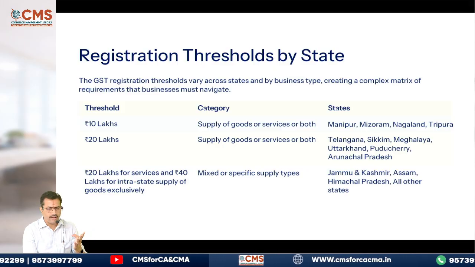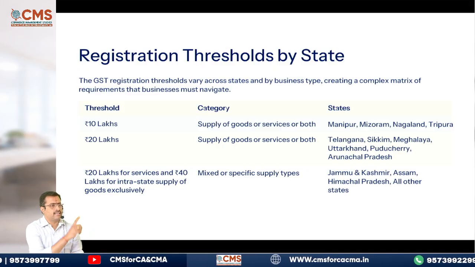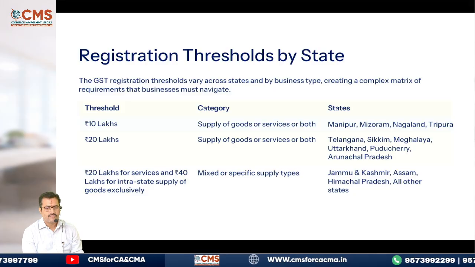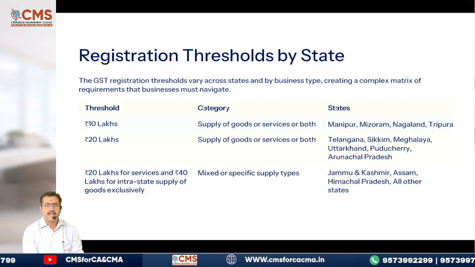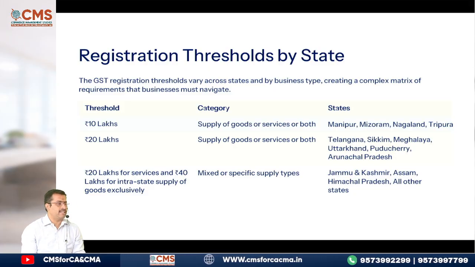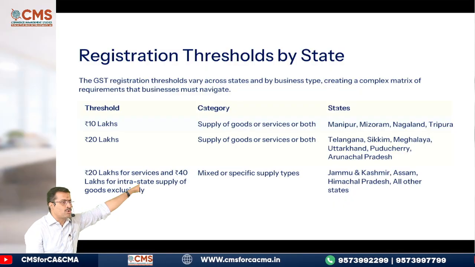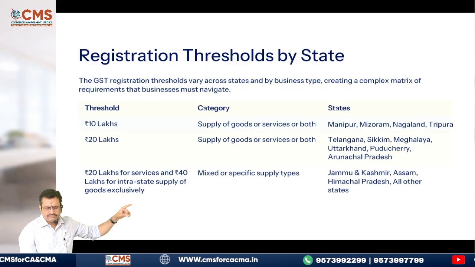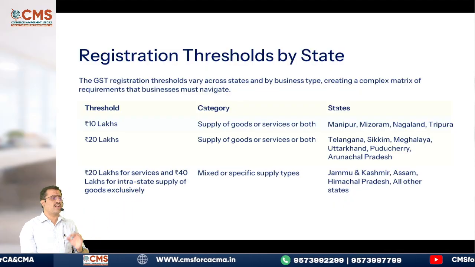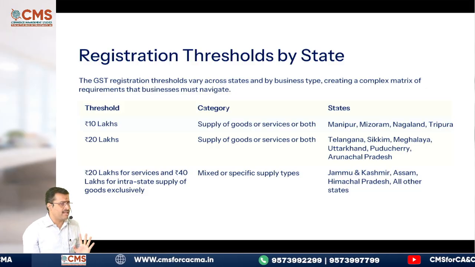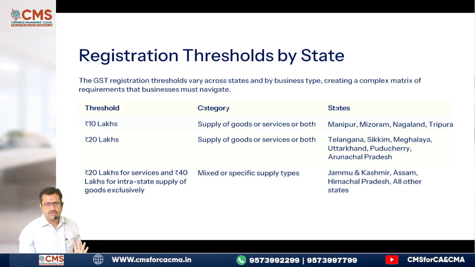For goods and all, see the states, Jammu and Kashmir, Assam, Himachal Pradesh and all other states. When we say all other states, other than the first 2 categories. That's why I told 40 lakhs is not applicable to the state of Telangana. Please be careful. Understood about this?